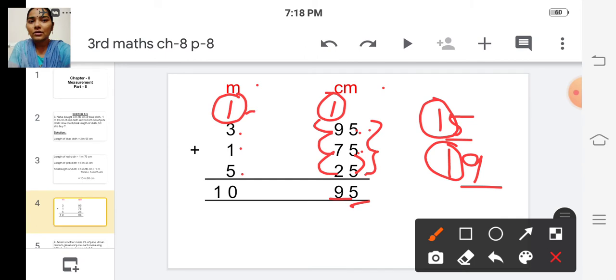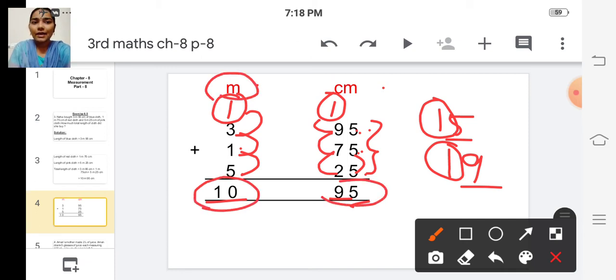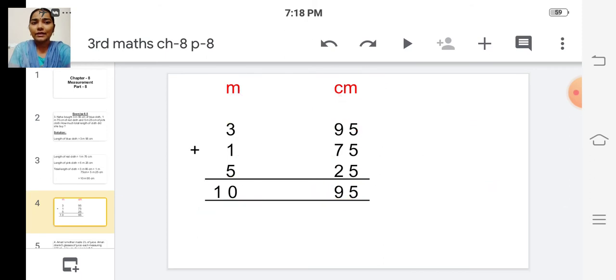Now add 1 plus 3 is 4 and 4 plus 1 is 5 and 5 plus 5 is 10. So the total length of the cloth is 10 meter and 95 centimeter.